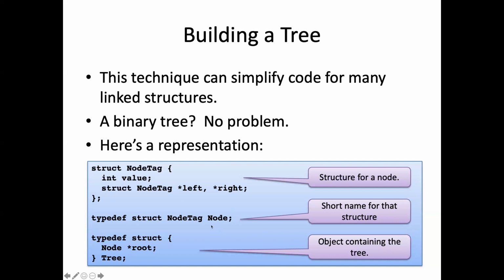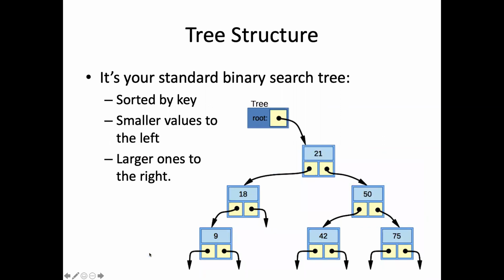I made a short name for node using typedef, so now I can just call it node without even having to say struct. And then I've got a type for the whole tree. So kind of like we had with a list, this tree struct just has a root pointer in it, but you can think of it as representing a whole tree of nodes.